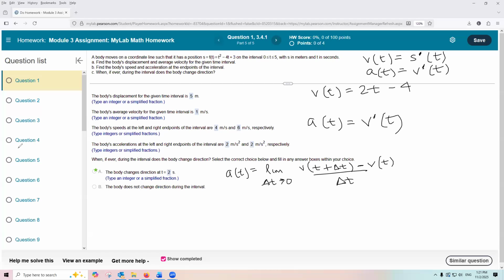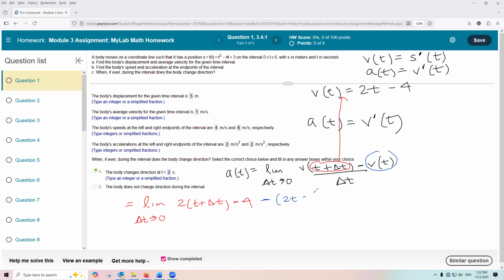All right, to get started here, I'm going to plug in t plus delta t in this velocity function. So this is going to be the limit as delta t goes to 0 of 2(t plus delta t) minus 4. All right, now in the back here, I'm going to subtract v of t.